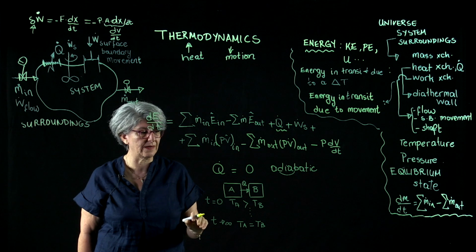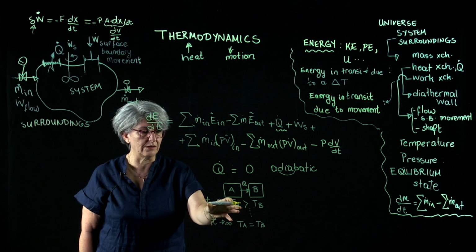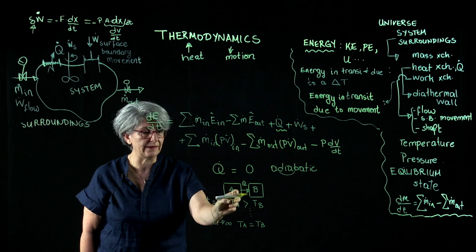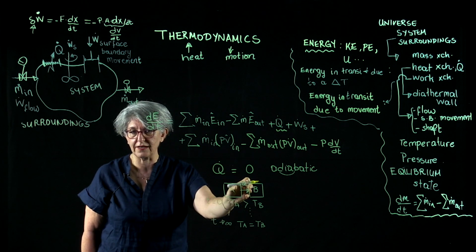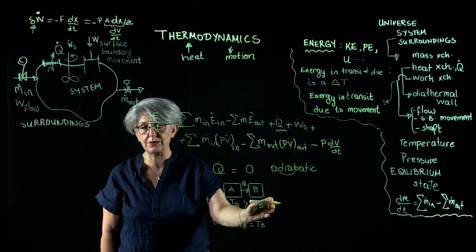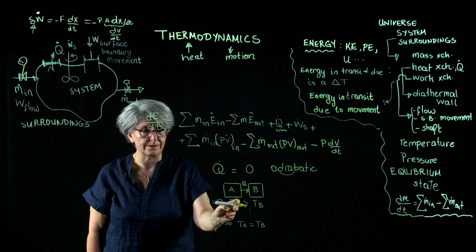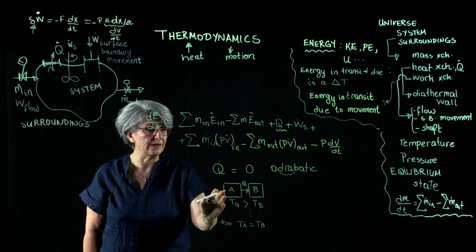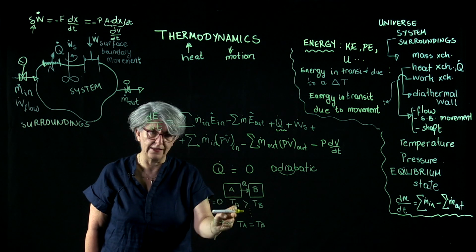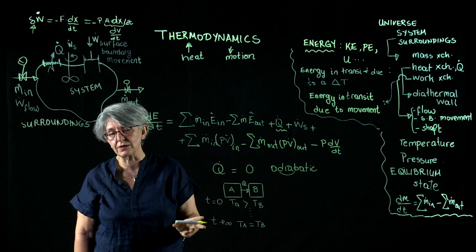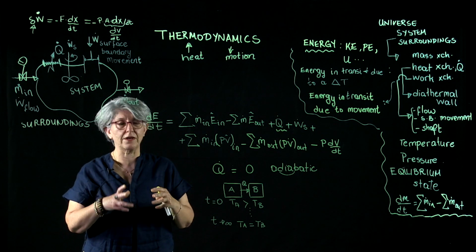Let's summarize this example. At the point of time t equals 0, we have a body A, which is at a temperature TA. We brought it in contact with body B, which is at a temperature TB, which is lower than TA. And we allowed heat to flow from body A to body B. We waited for an infinitely long time, and this infinitely long time depends on the circumstance.